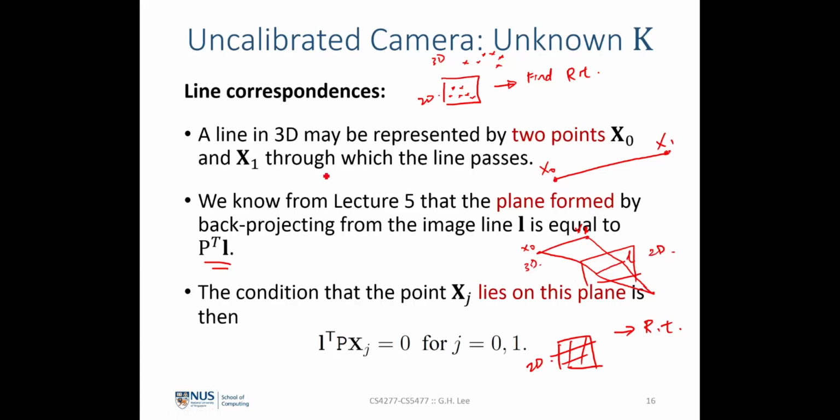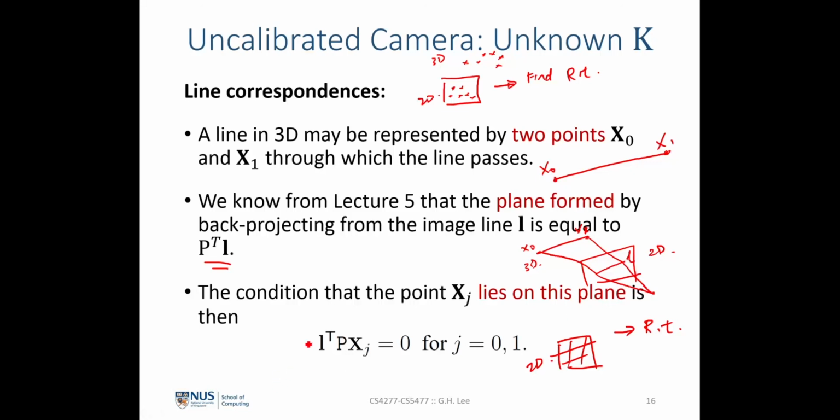And since we also know that the 3D line is supposed to lie on this particular plane, what it means is that for any one of the two 3D points used to represent the 3D line, the dot product of it with the plane equation must be equal to 0, because there is a coincidence relation here between the 2 points and the plane formed by the back projection of the 2D line.